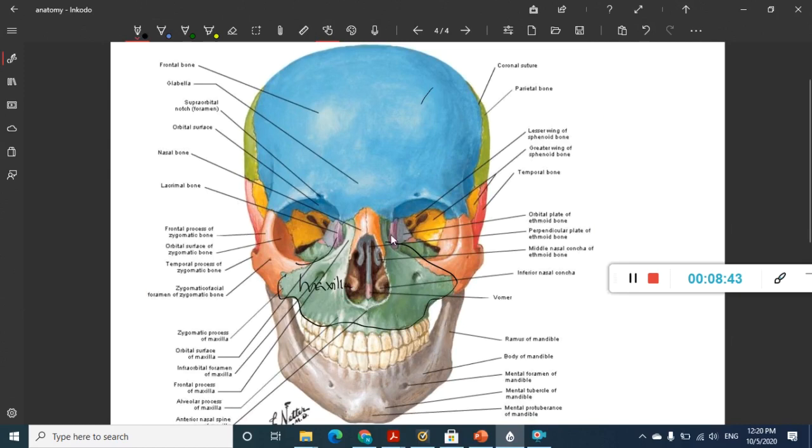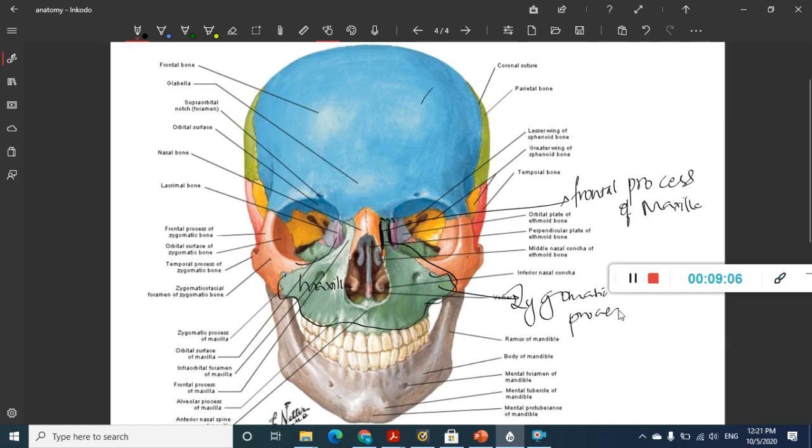So for this maxilla, you'll have to know the parts of the maxilla. This part of the maxilla which articulates with the frontal bone is called the frontal process of maxilla. This part which is articulating with the zygomatic bone is called the zygomatic process of maxilla, and this part which has teeth in it is called the alveolar process of maxilla.